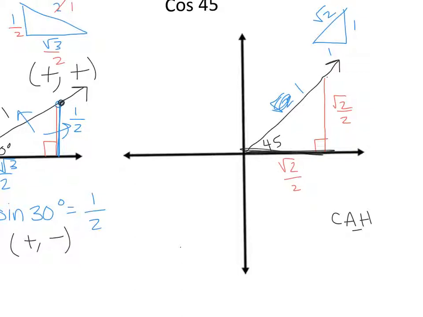So adjacent is √2/2 divided by hypotenuse, which is just 1. But really you just want this x value, which is √2/2. So the cosine of 45 degrees is, well, x is positive right here and y is positive, and we're talking about the x value, so it's positive √2/2.